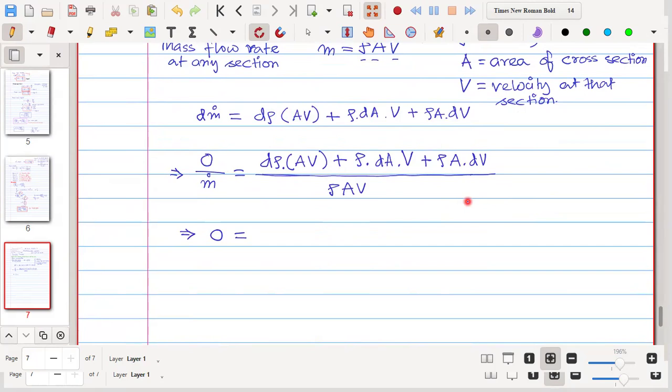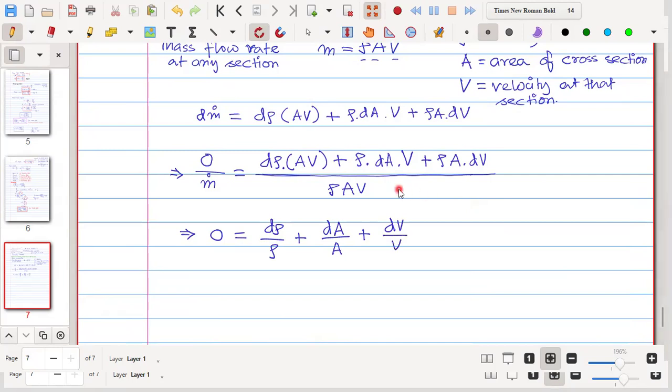Therefore, the first term will be d rho divided by rho. After that, rho and V will cancel, so A will remain. So it will be dA by A. And the third term, you see that rho A will cancel and V will remain. So it will be dV by V.